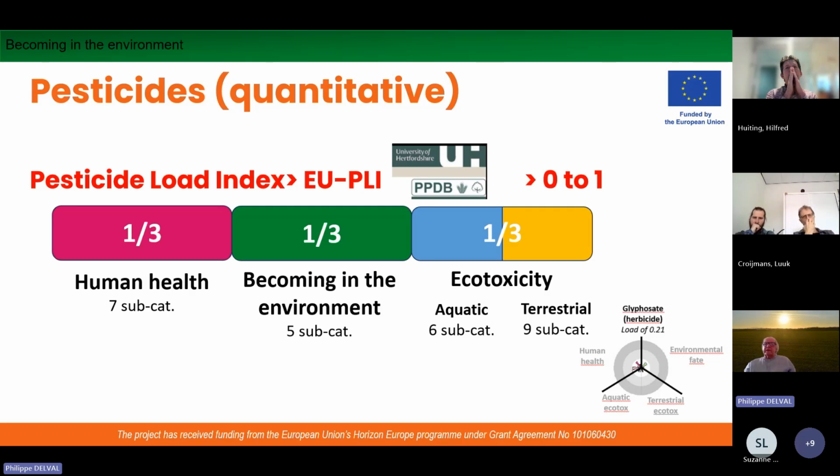You have an example of this index for glyphosate that is around 0.21, and we have all the parts of this calculation on the radar on the right.